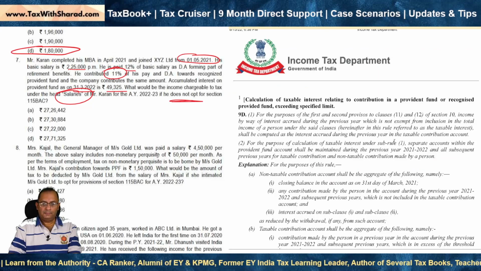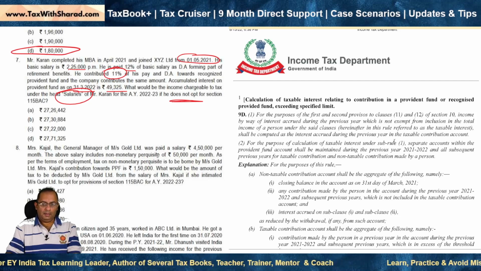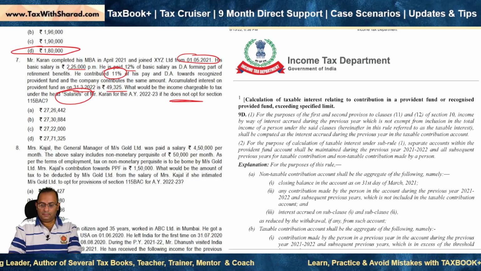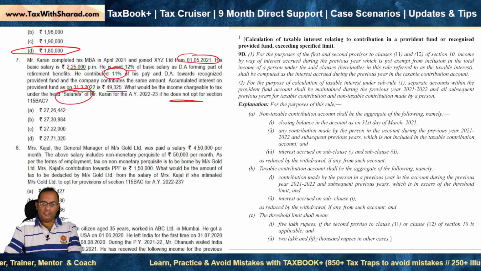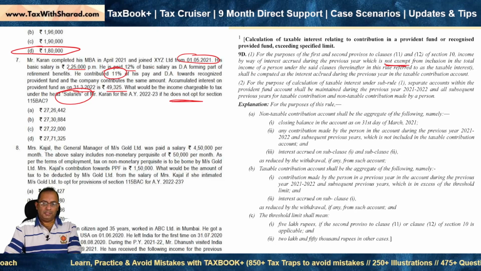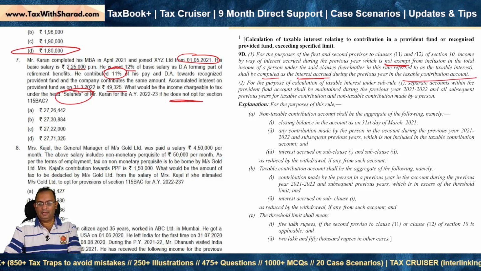Rule 9D is relevant in this respect, which has been recently issued. And basically what it says is income which is not exempt, as we just now discussed, shall be computed as the interest accrued in the taxable contribution account. That means we need to first calculate the taxable contribution account and the amount in that account, and then we need to figure out the interest accrued in that account.